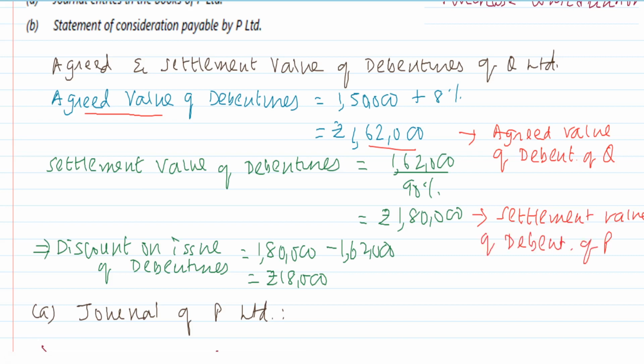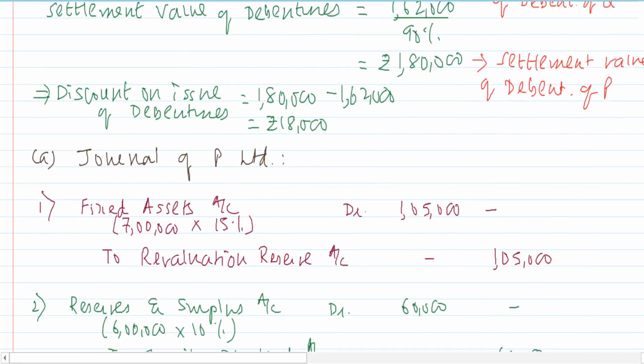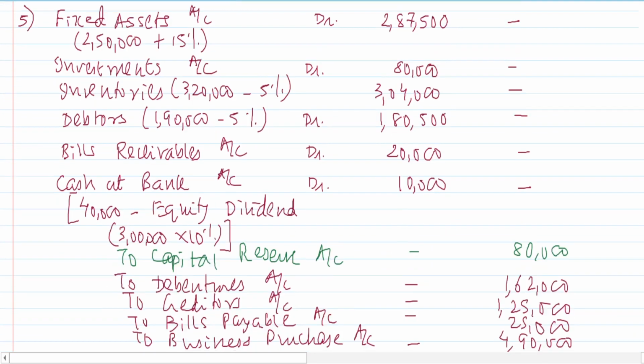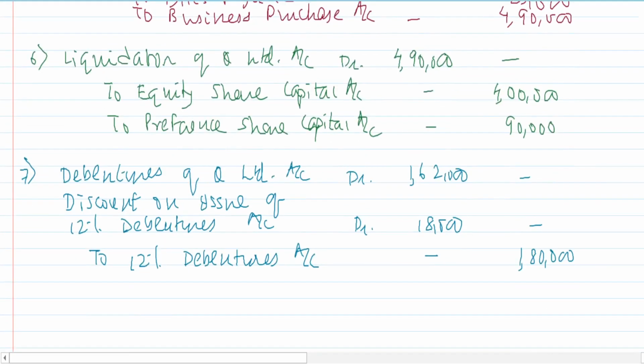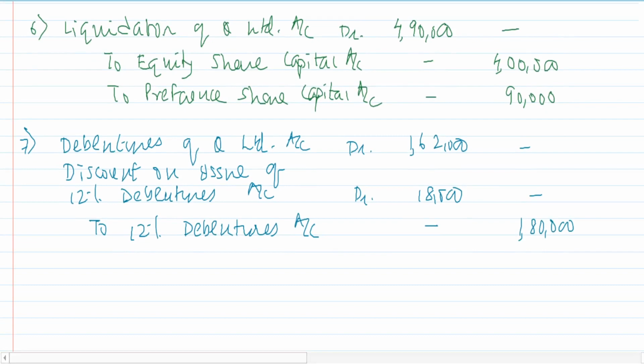Purchasing company. 1,62,000 is for the selling company and 1,80,000 is for the purchasing company. There is a mutual obligation to be taken care of.